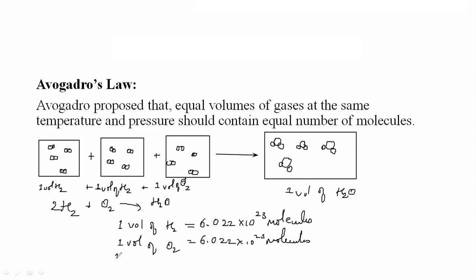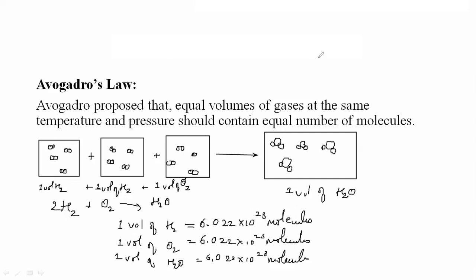If I say 1 volume of water, it will have 6.022 into 10 raised to 23 molecules of water. So at the same temperature and pressure, equal volumes of any gases will contain an equal number of molecules. This is nothing but Avogadro's law.